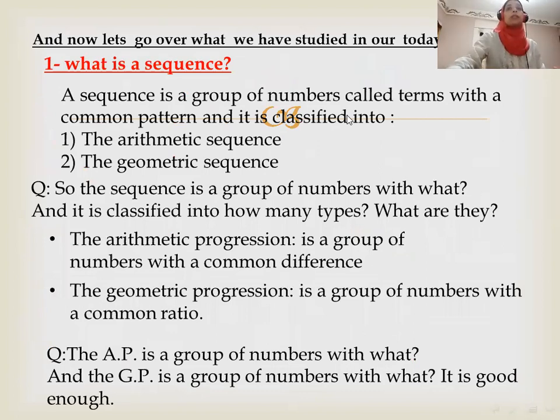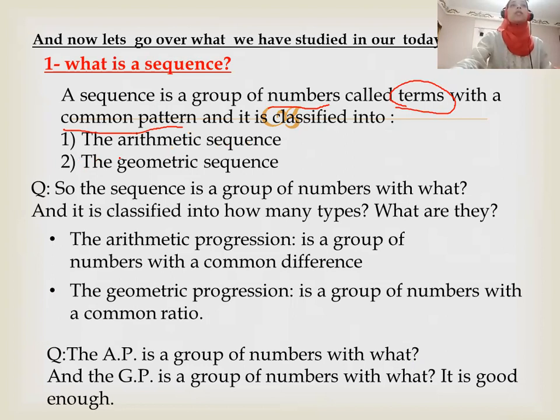In today's lesson, we tackled 3 concepts. The first one is a sequence, and we know that a sequence is a group of numbers called terms with a common pattern. And the sequence is classified into 2 types.